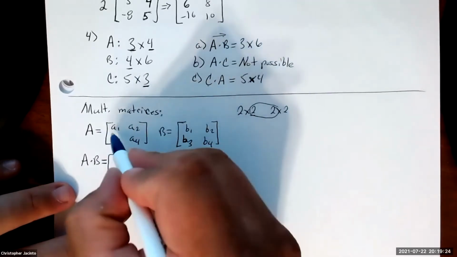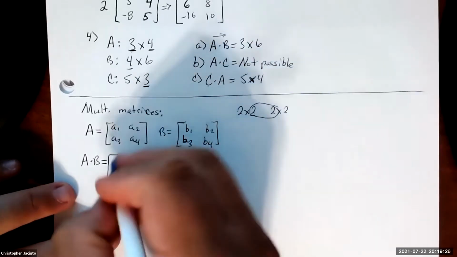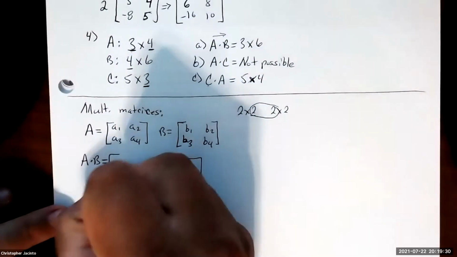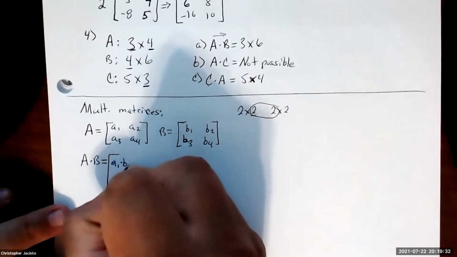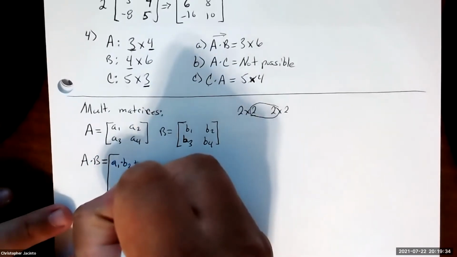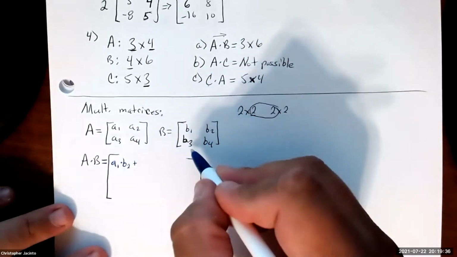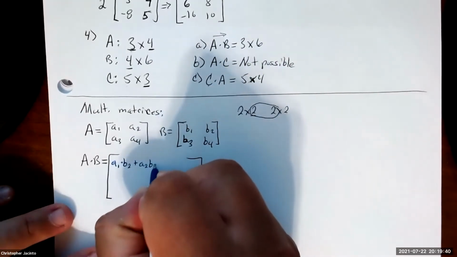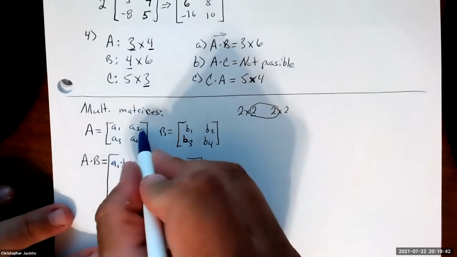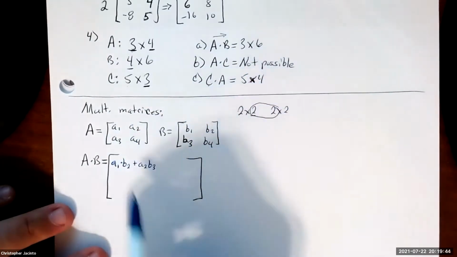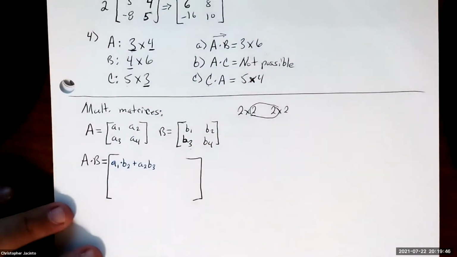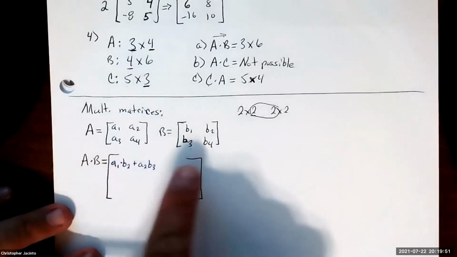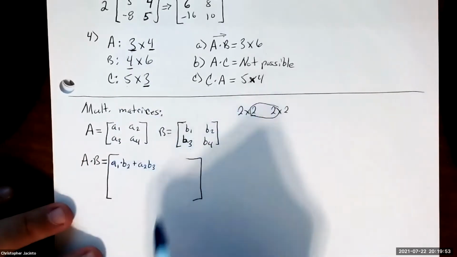And that's going to be A1 times B1 plus A2 times B3. So it's literally this whole row times this first column. That's going to be the first one there. Once you multiply and take the sum, that's only 1 out of the 4 numbers we need. So we're going to do this 3 more times.